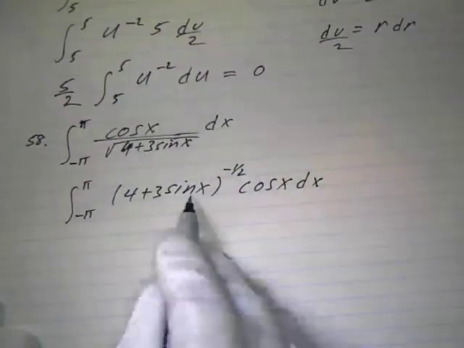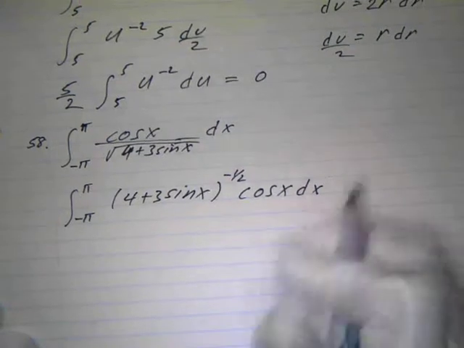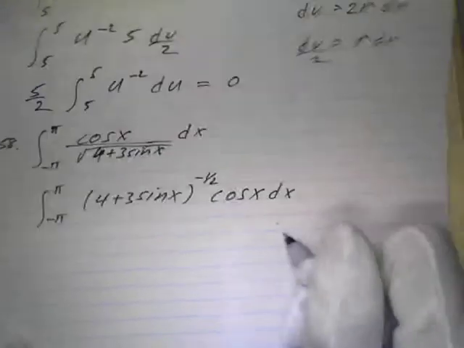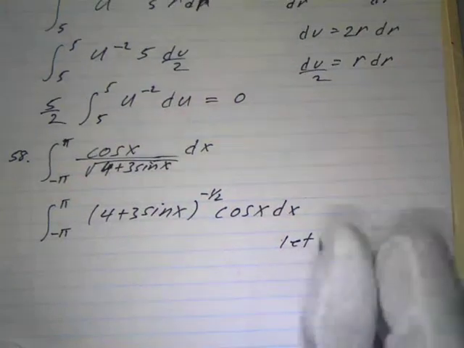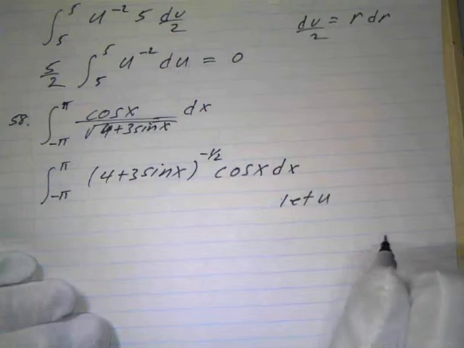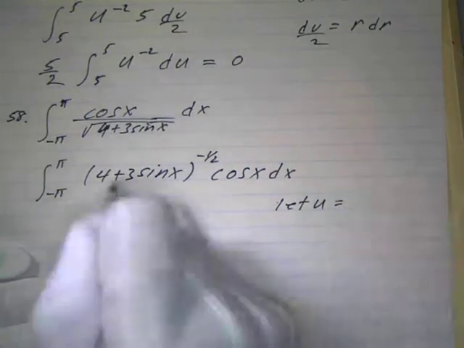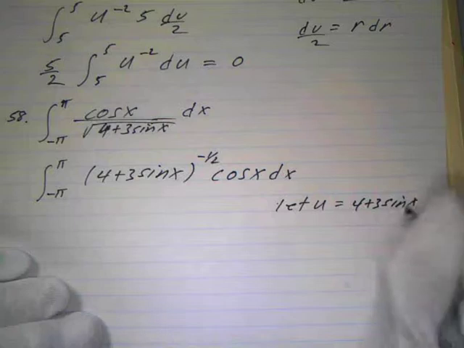And then it looks like this is going to be my u to the n of my du stuff over here. So we'll let u equal 4 plus 3 sine of x.